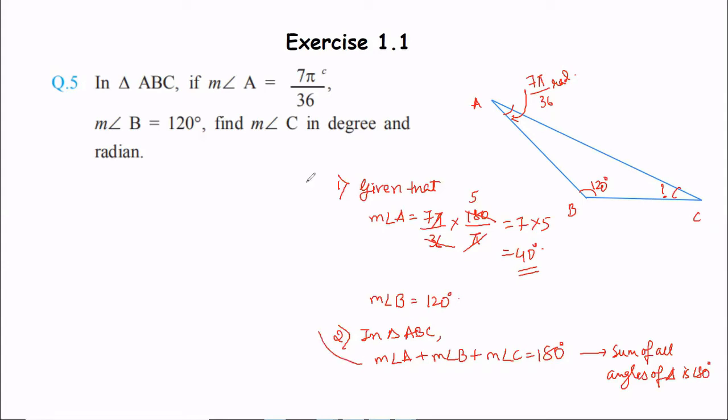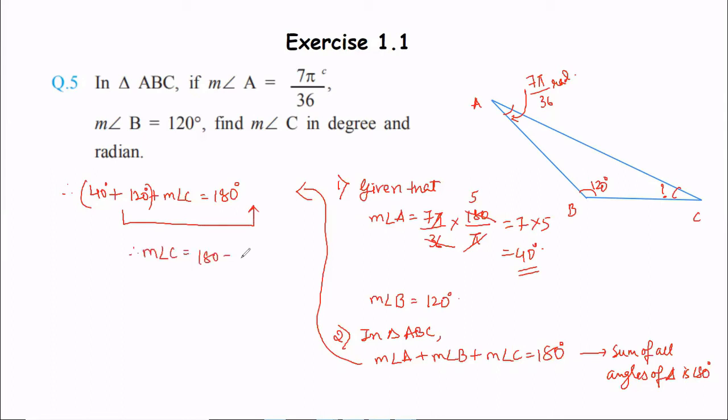That is 40 degrees, which we got from the first step for A, and then 120 degrees for B. Measure angle C is unknown, we are finding it, and 180 degrees. So the sum of both, we need to subtract. Therefore, measure angle C will be equal to 180 minus 160, giving us 20 degrees. So that's the answer in terms of degrees.